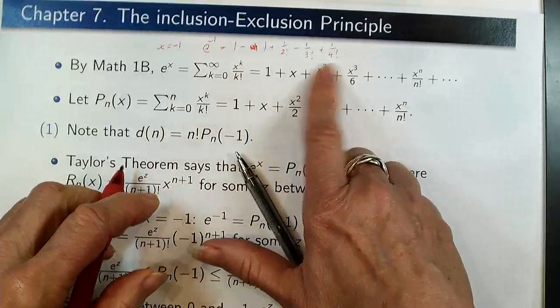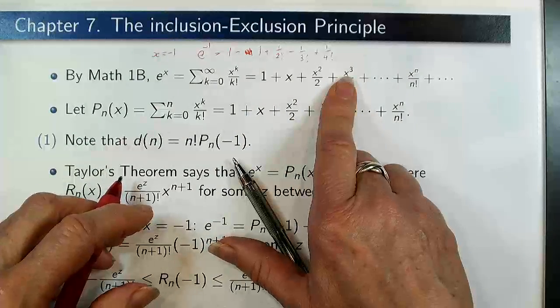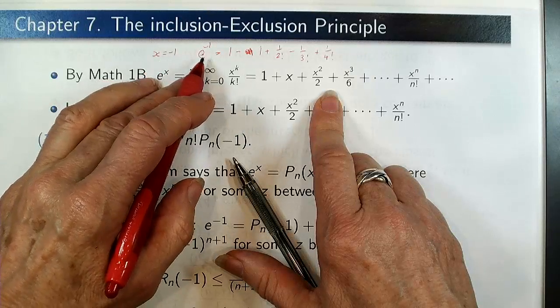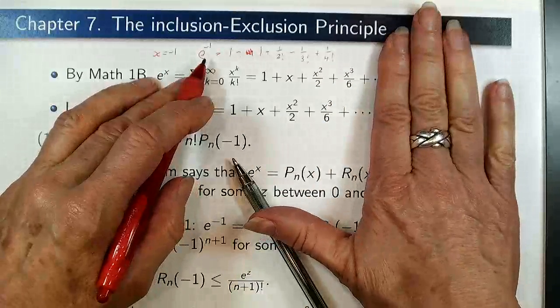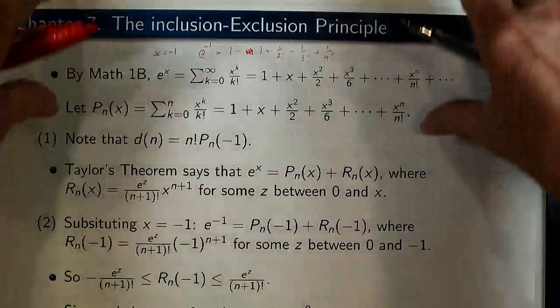Oh, that's the sequence we had, wasn't it? That's our one from our inclusion-exclusion. It's e to the -1, except we stop at a certain point. Okay, but e to the -1 goes on forever.